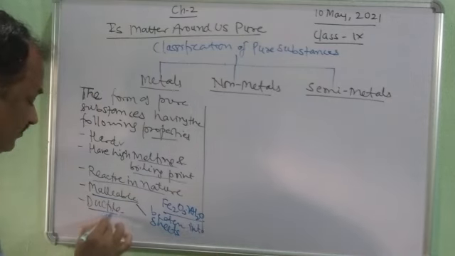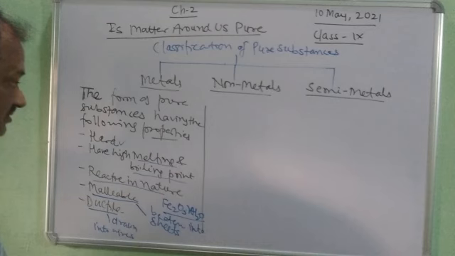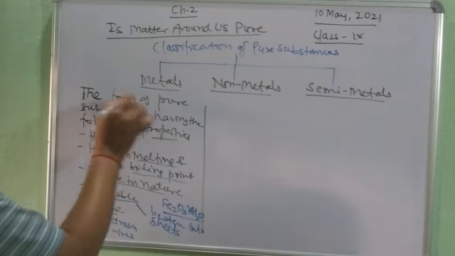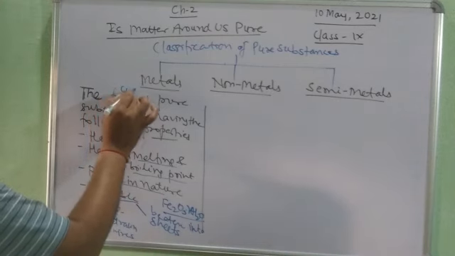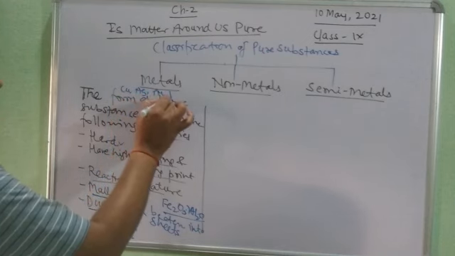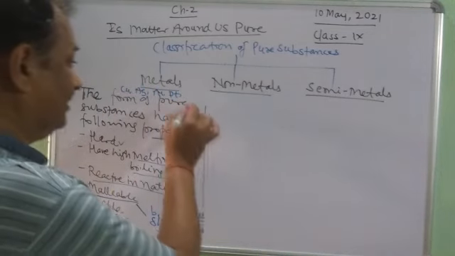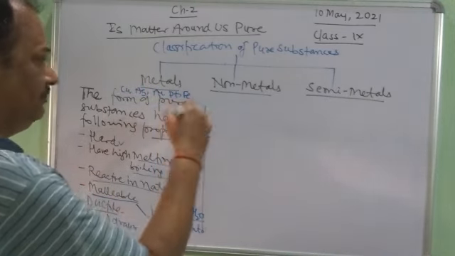And ductile means drawn into wires. And so this is about the metals. So you may say copper, silver, then gold, then platinum, then many more, countless, iron, many more.